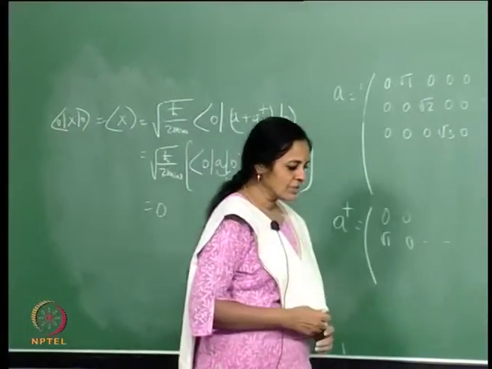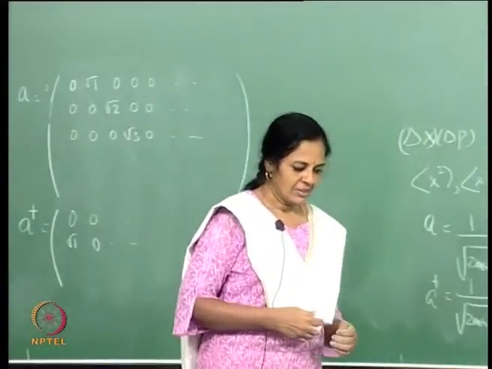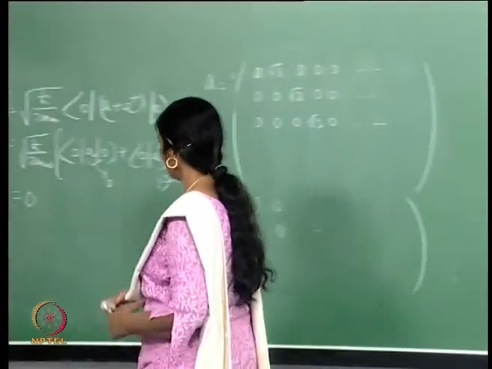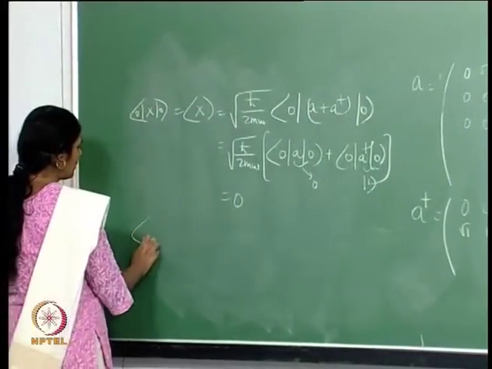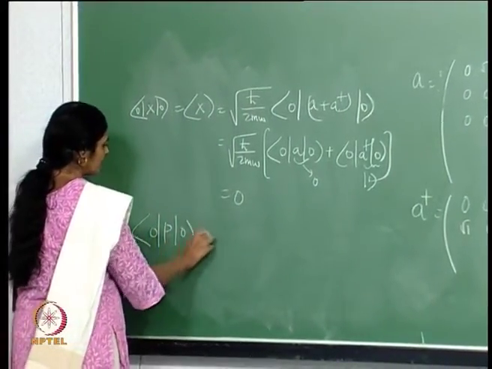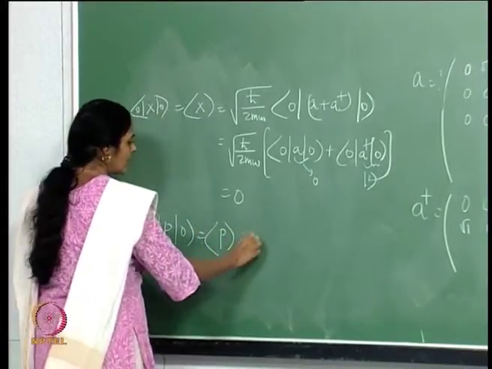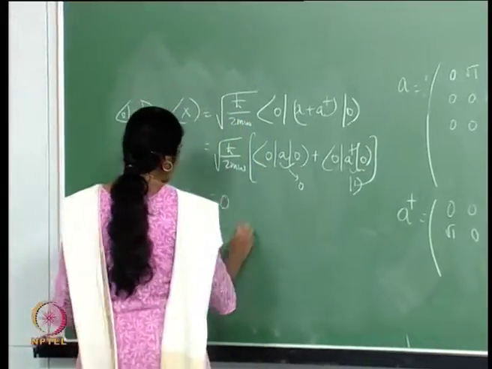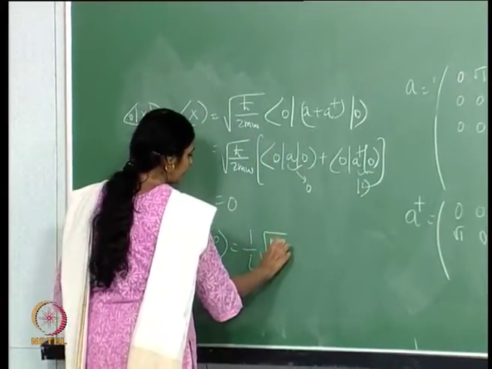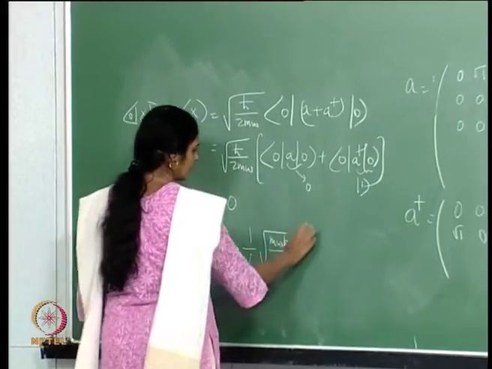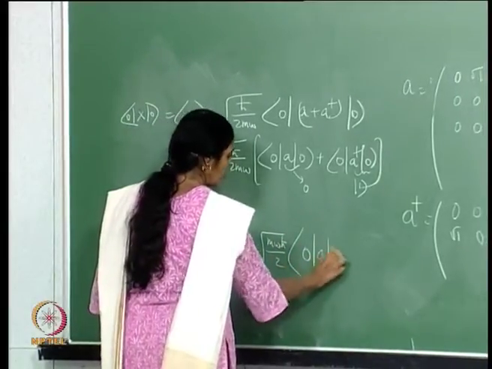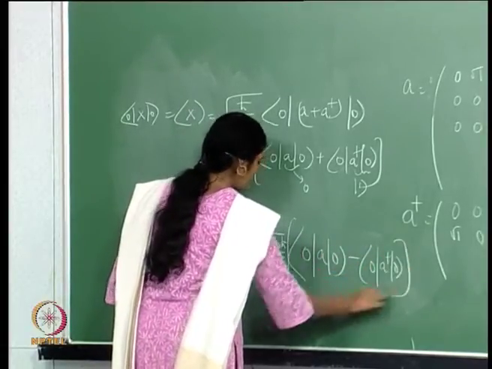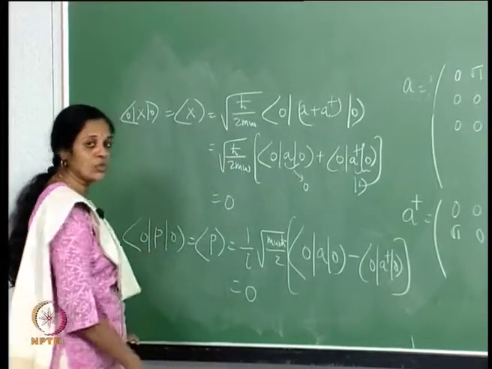In fact, it turns out that expectation value of p is also 0 in the ground state. We will see that right away, because expectation value of p, which I will denote in this fashion, is apart from root of m omega h cross by 2, it is <0|a|0> minus <0|a dagger|0>, and for the same reasons that I gave earlier, this is also 0.